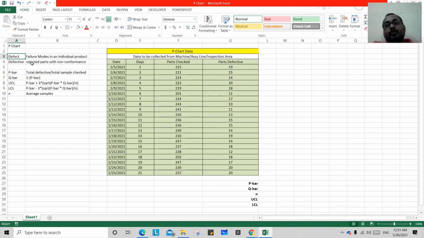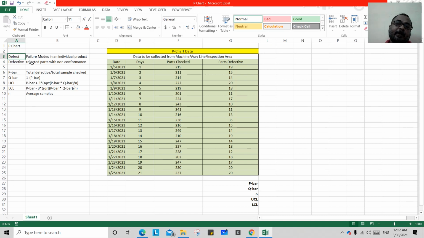A proportion chart is used mainly for defective parts. There is an inspection machine, and we need to find out the capability of that inspection machine, so we need to find out the stability of that machine. For that, we need to use the proportion chart, meaning how many parts have been rejected out of the total parts checked.